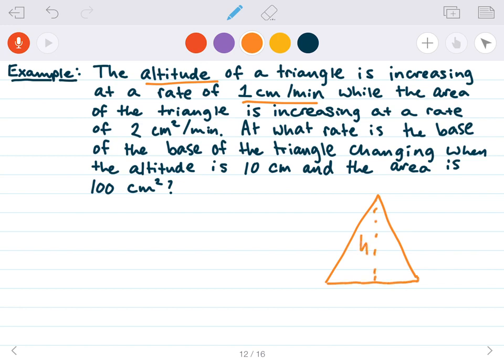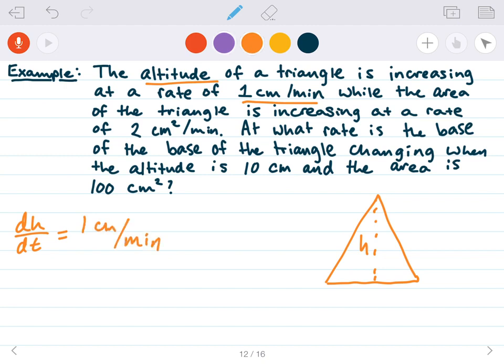So that is our altitude, h. Instead of dA/dt, I like h better for altitude. The change in altitude with respect to time is 1 centimeter per minute.